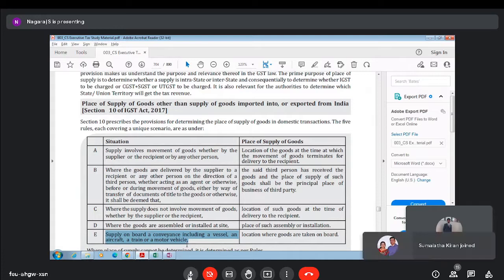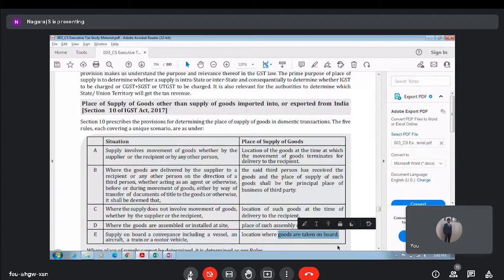The food will be taken on board in Chennai. You might consume it at Delhi. Where are the goods taken? Chennai. Chennai will be the place of supply. That means Tamil Nadu will be the place of supply. Location where goods are taken on board.